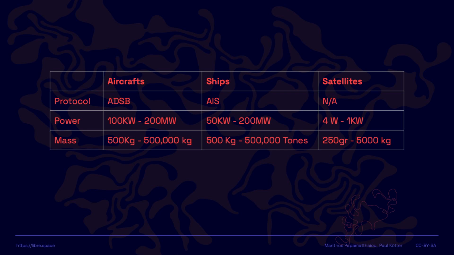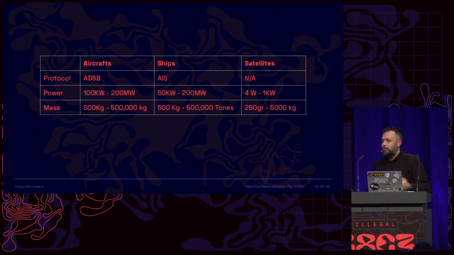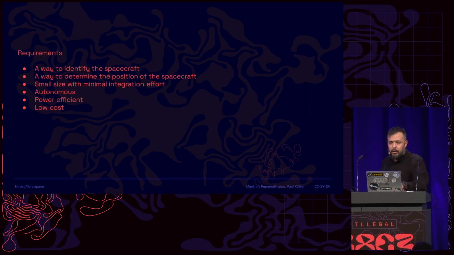A typical CubeSat has something like 10 or 20 watts of power, while ships and aircraft have megawatts. The other challenge is size and mass. A small Cessna is around 500 kilos, but a small satellite is 200 grams or 1 kilo or 10 kilos, like most CubeSats.